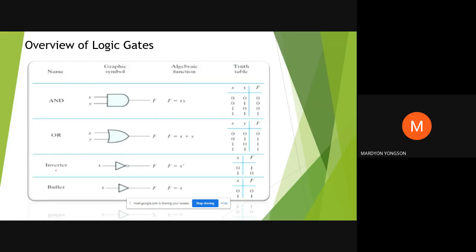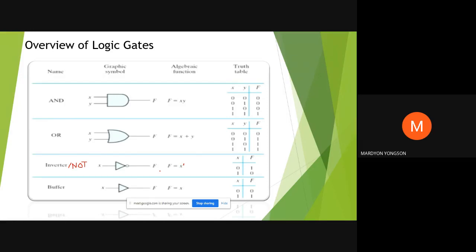And then for next, we have the inverter or NOT. So we have only one input, which is x, and the output is F. In the inverter, we use this small dot after the symbol, and also the complement sign.